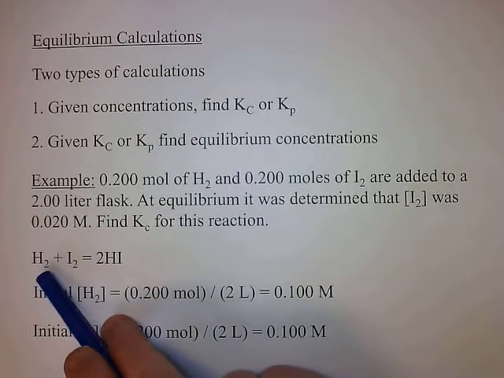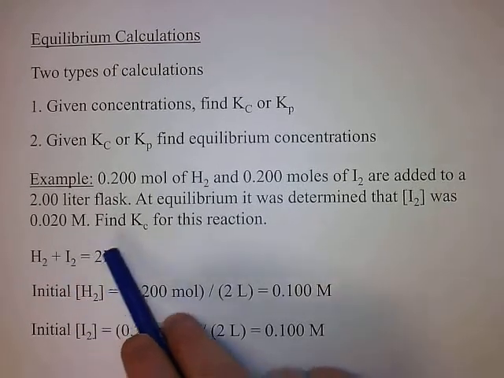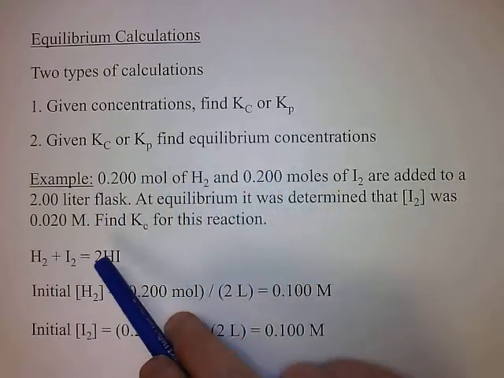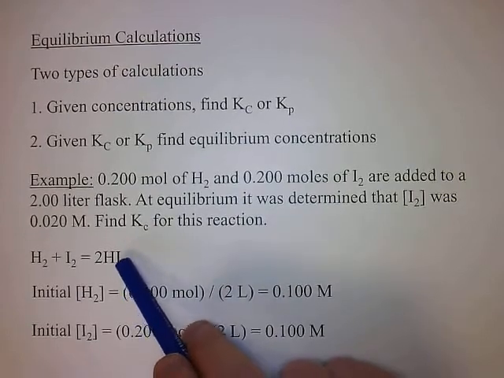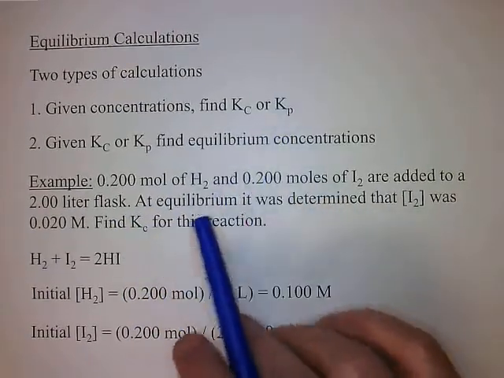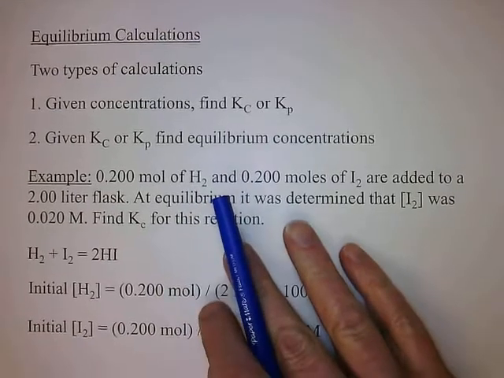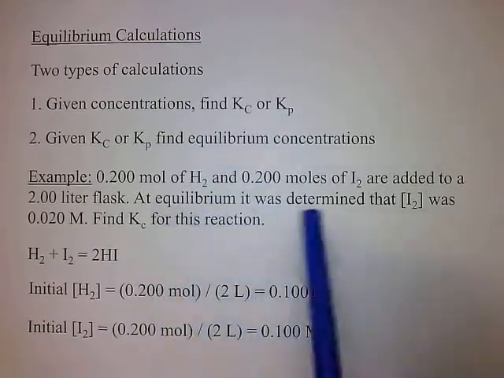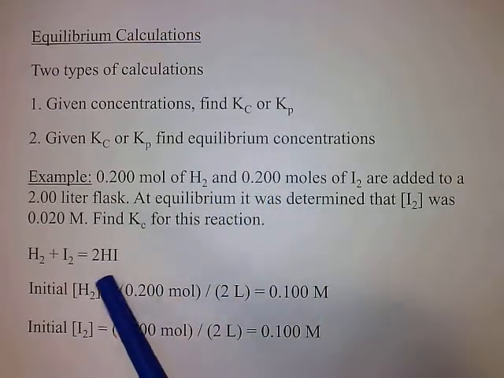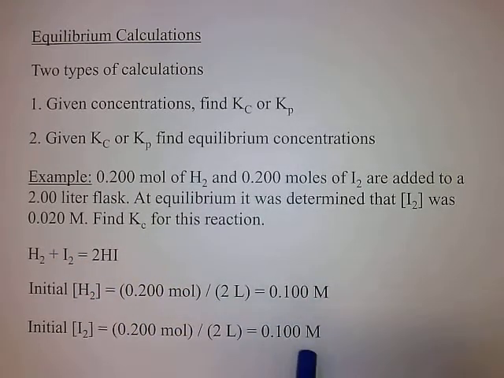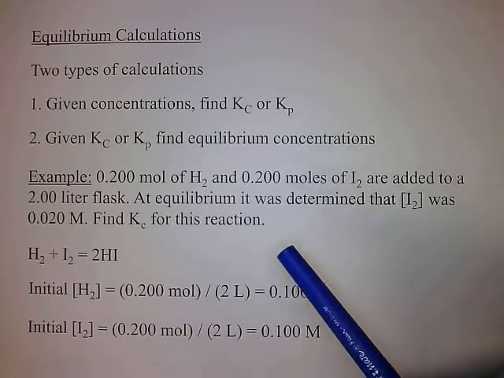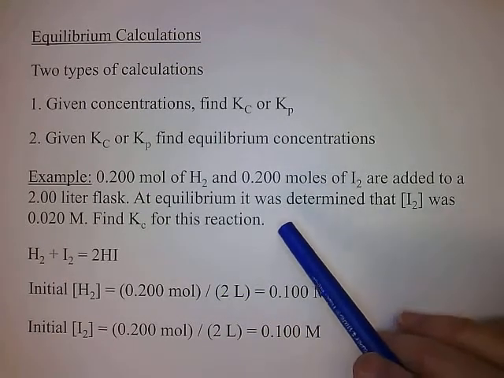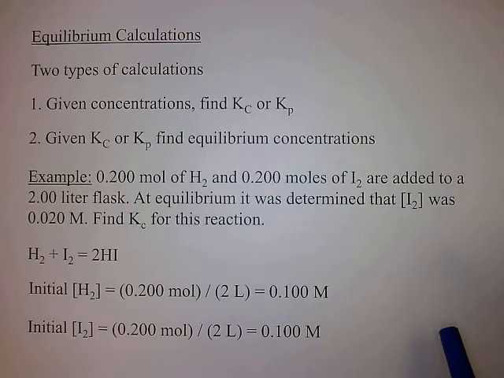Nothing about HI is mentioned, so we're not starting with any of this. So at equilibrium, it was determined that I2 is 0.020 molar, and we want to find Kc for this reaction.